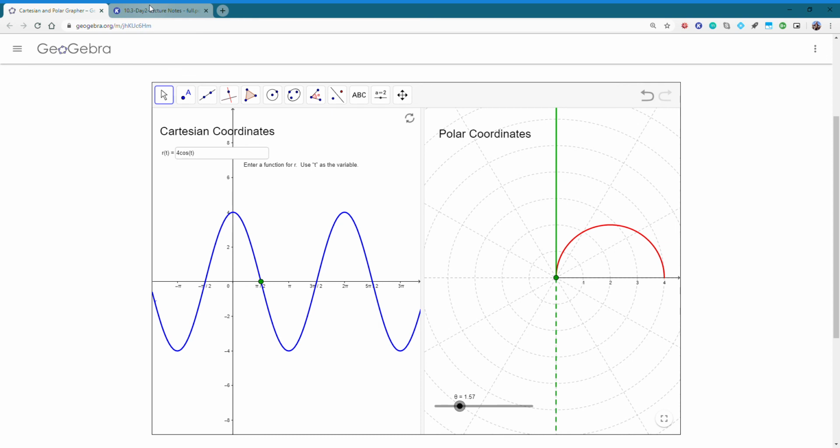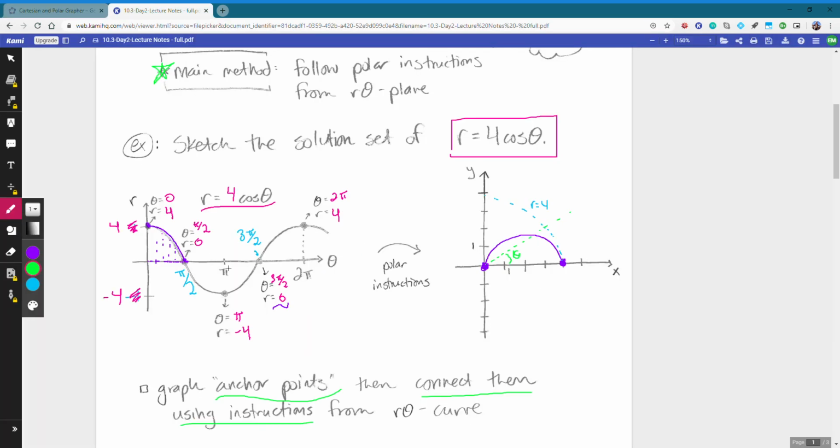Okay, well, let's think about what's going to happen afterwards. Moving from pi/2 up to pi, our big arrow is moving from the y-axis over to the negative x-axis. Those are the angles that we're thinking about. And what's r up to? Well, r is actually getting more and more negative.